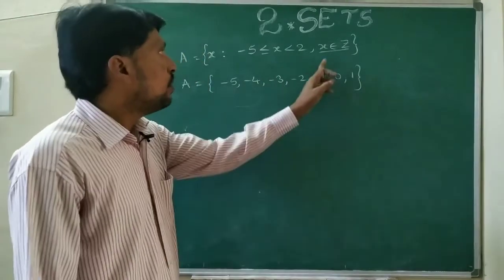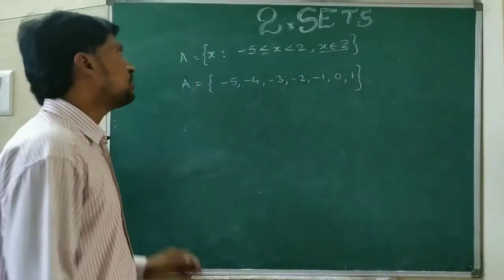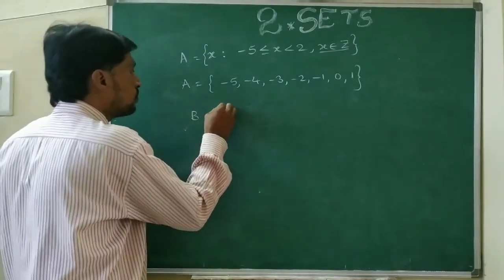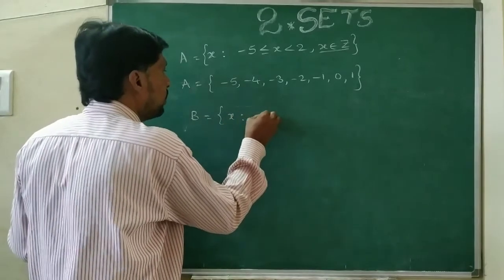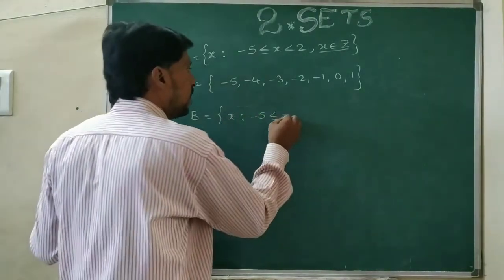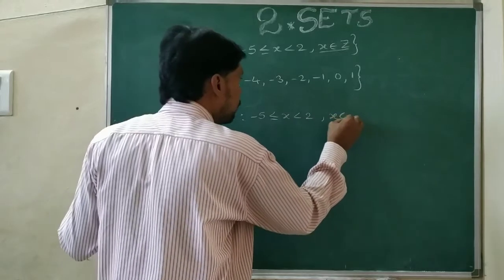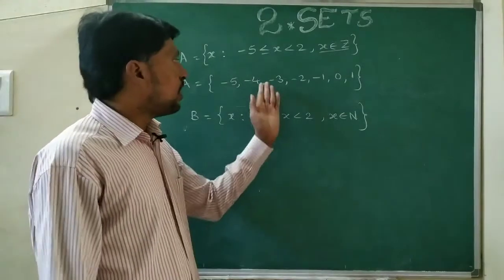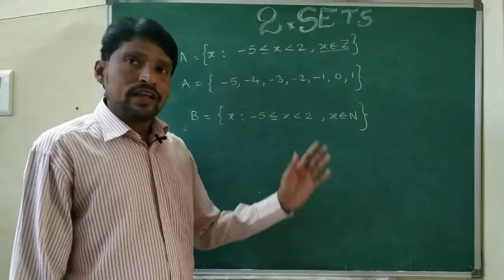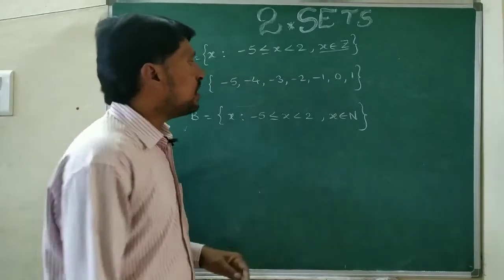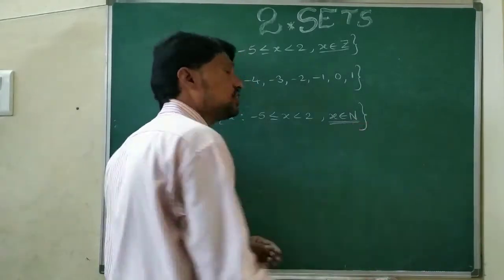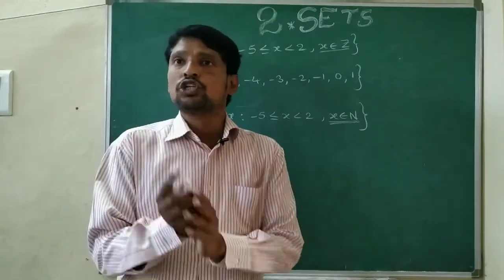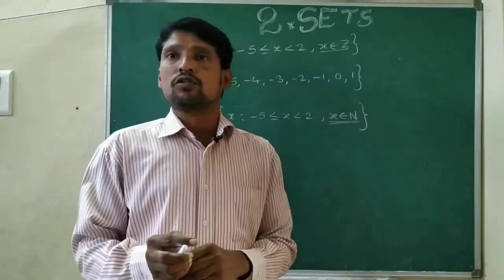Okay. Now x belongs to Z means we are getting like this. Here one more set I am taking. B equals x such that minus 5 less than or equal to x less than 2, comma, x belongs to N. So what elements will occur? Same elements only will occur. Here only you are confusing. So what is the condition given here? We go with the condition only. So x belongs to N means only natural numbers we should take.